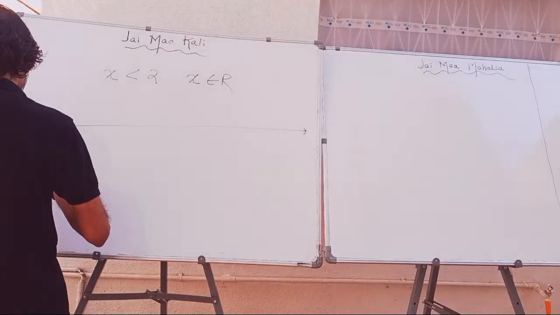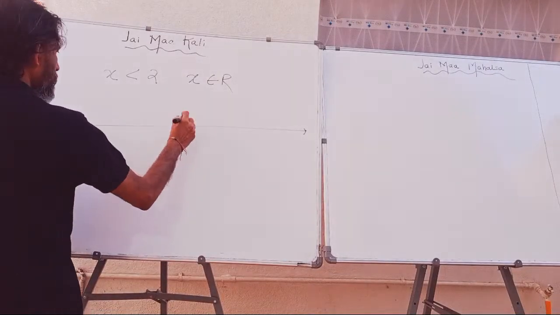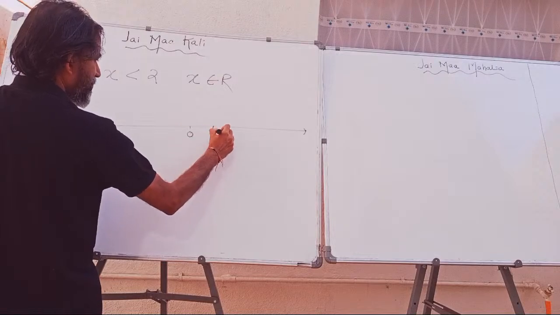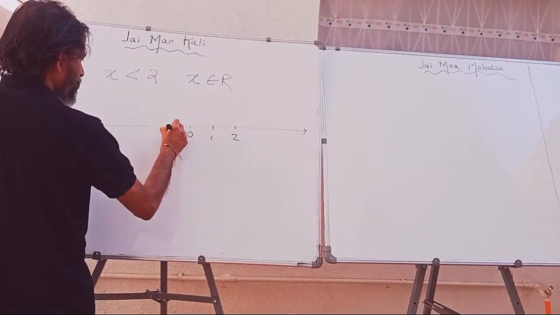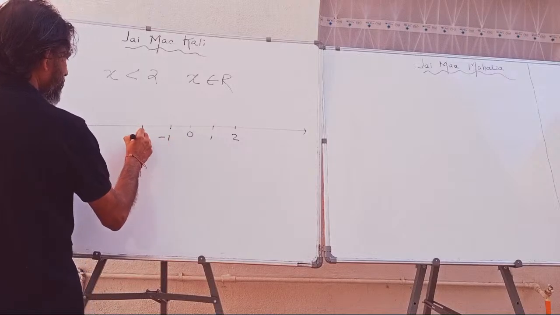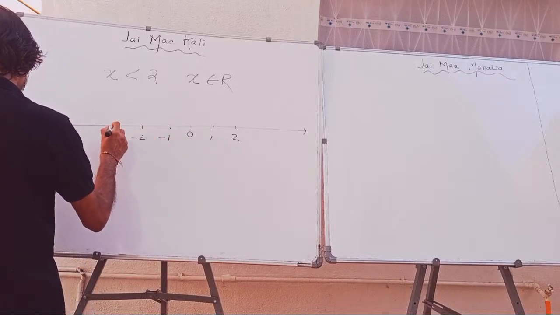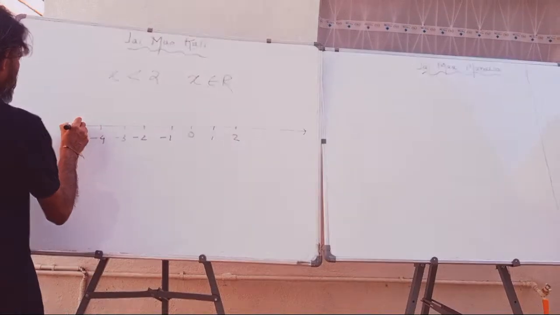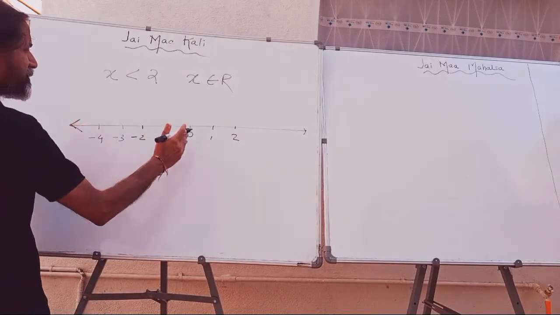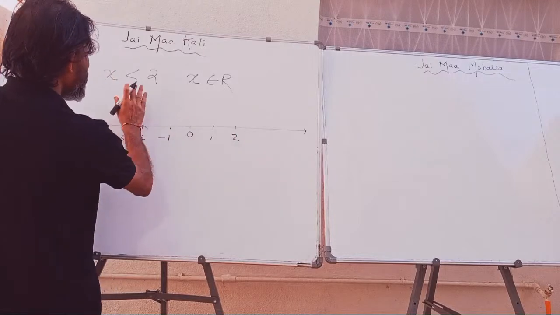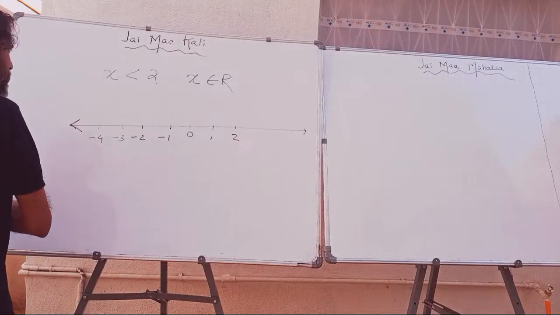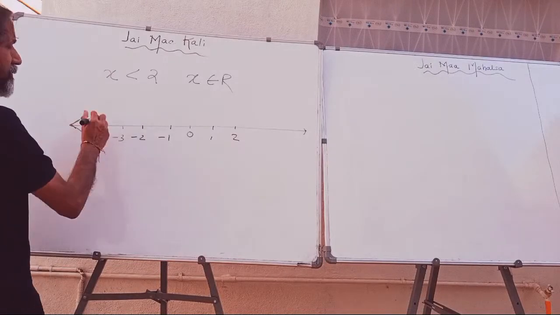Let's say this is 0, 1, 2, -1, -2, and so on. Anything which is less than 2 satisfies this inequation for the value of x.